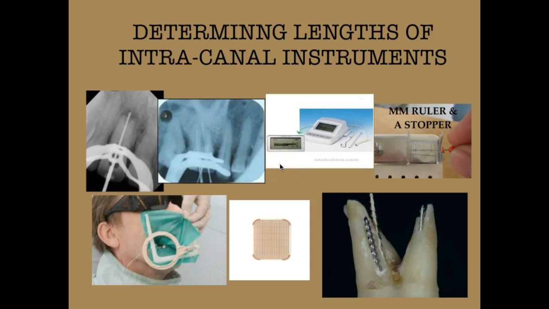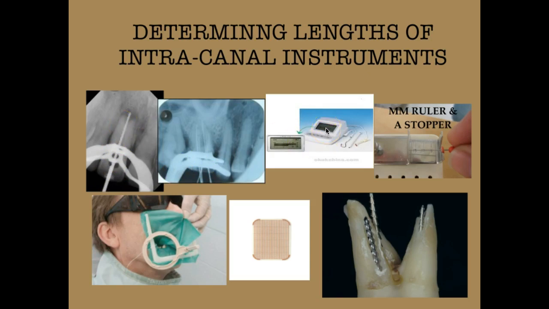Another instrument that could be used to determine lengths is an apex locator. This works kind of like sonar in that a file is attached, and then you have a little ground clip on the patient's lip, and as the file is put inside the tooth, the apex locator gets a reading.